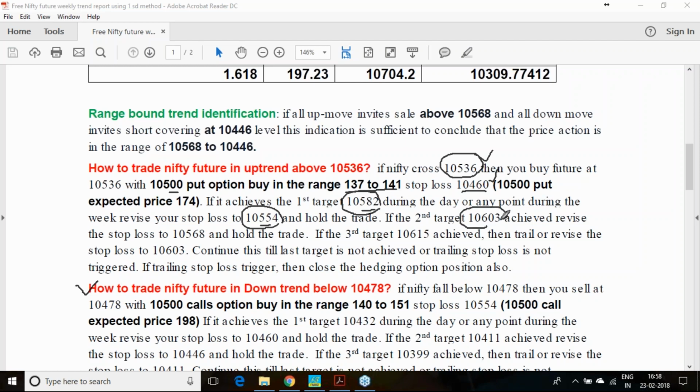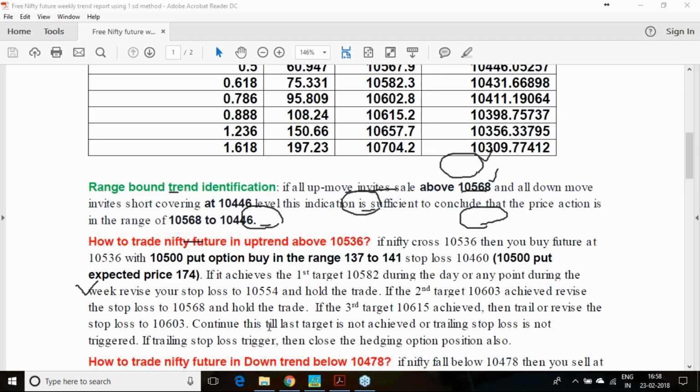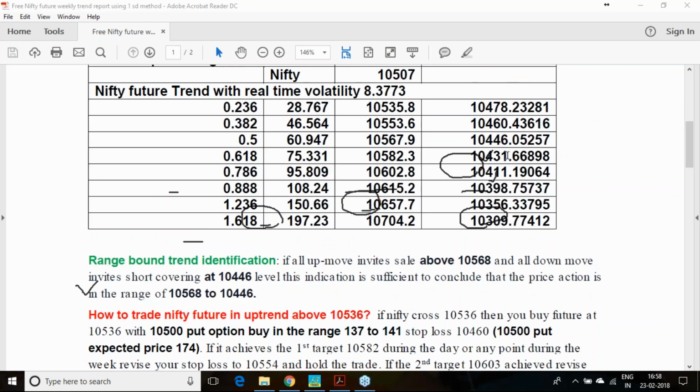Once the second target hits, trail your stop loss to the 0.5 retracement level, which is 10,568. So once the second target is hit, trail your stop loss to 10,568. Once you achieve the third target, trail your stop loss to the second target.